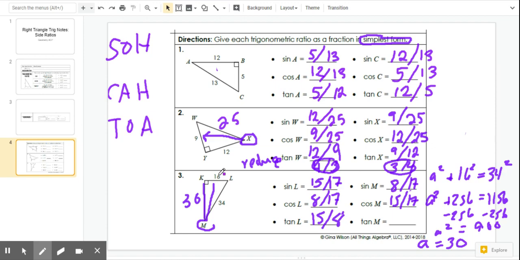So opposite of M is 16 and adjacent is 30. So 16 over 30. And again, we're going to reduce that by 2. 16 over 30 is equal to 8 over 15. And that's it for side ratios, sine, cosine, and tangent.